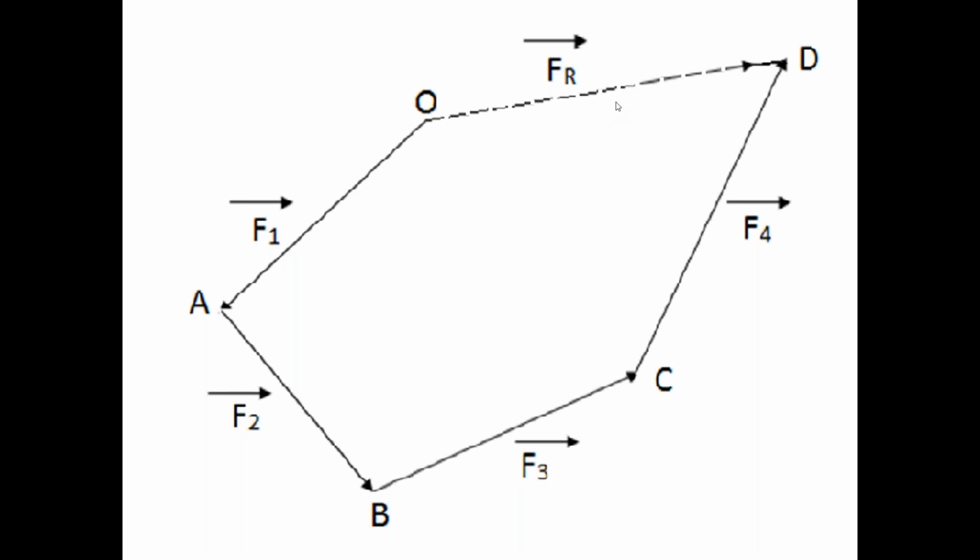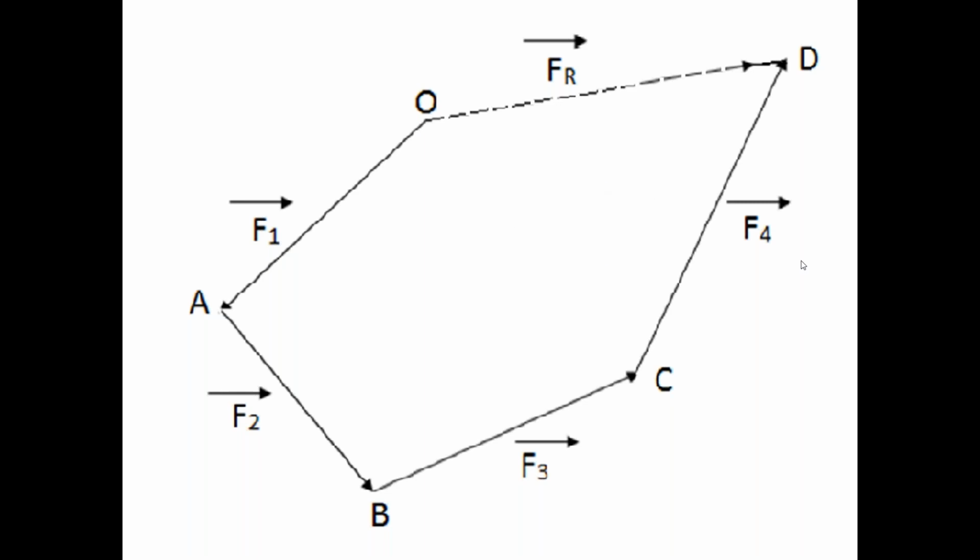Now think yourself: if the starting point D coincides with the ending point O, then there is no closing side. If the starting point D coincides with the ending point O, the polygon is a closed polygon. In the closed polygon, there is no other closing side.